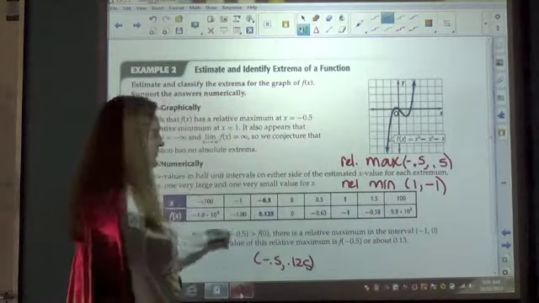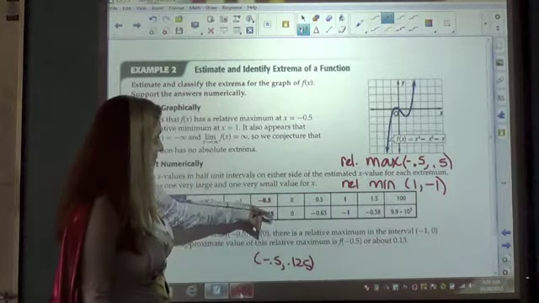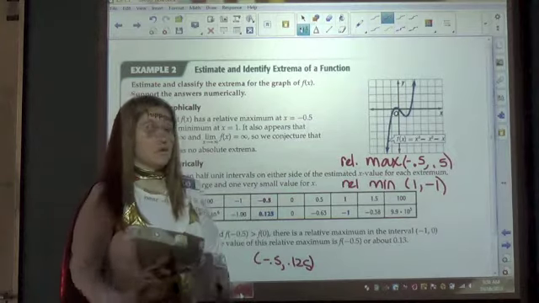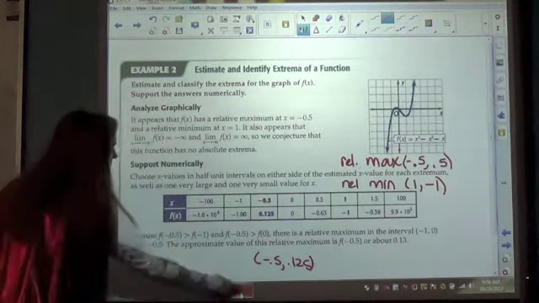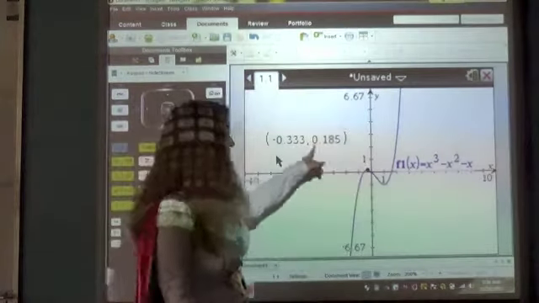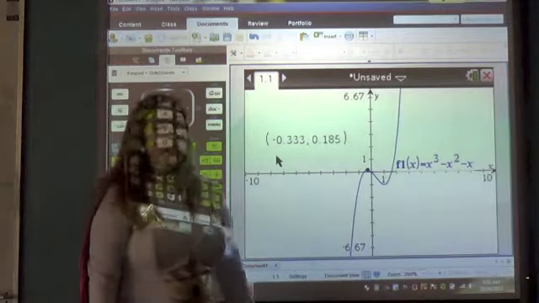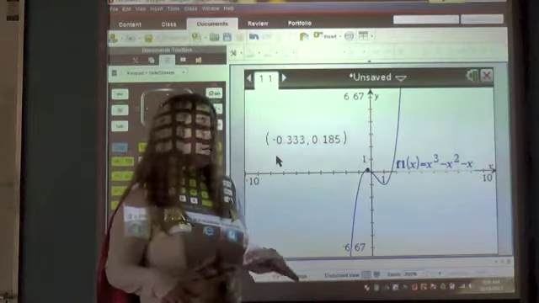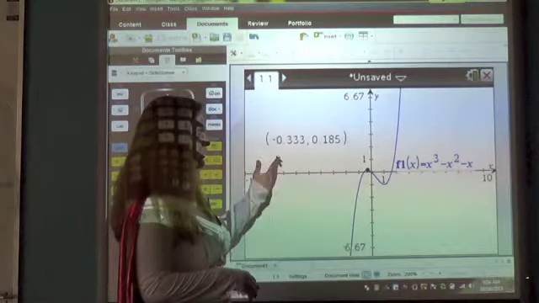When we put our estimations in, the negative 0.5 is actually 0.125 numerically. Now to get the precise value, the calculator gives the precise value. That value is actually negative 0.3333 and 0.185. So it actually changes the whole thing. There's estimation, numerically, and then there's your precise value.